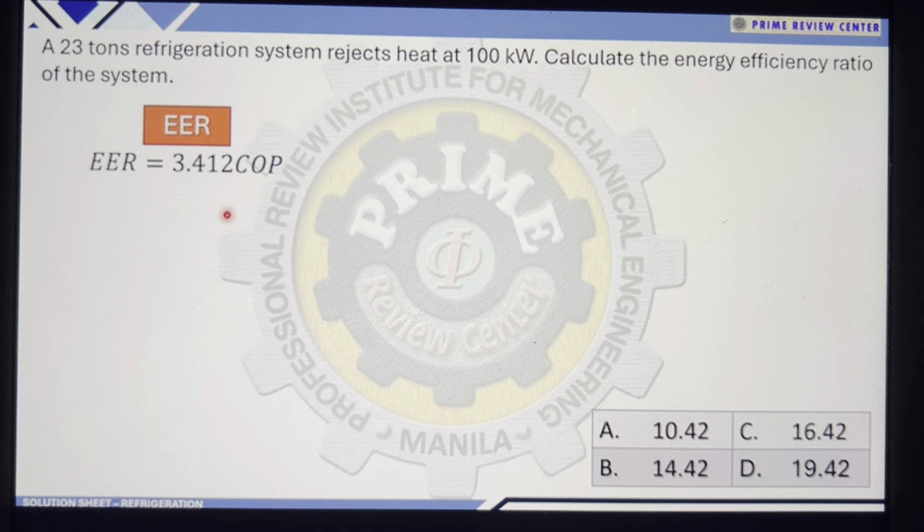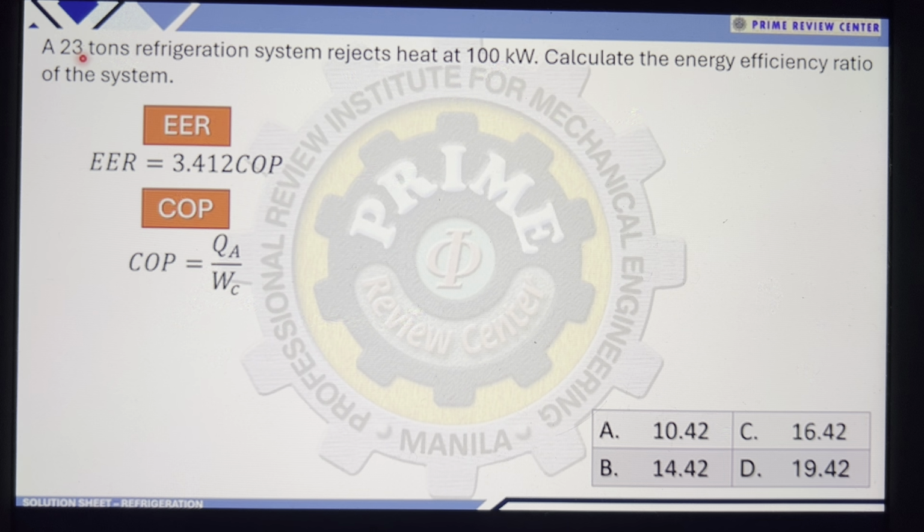So we know that COP is heat added over work ng compressor if it's cooling, di ba? So since binanggit naman refrigeration system, then cooling yung application. Yun nga lang sa problem, kung papansin, yung QA natin is given.